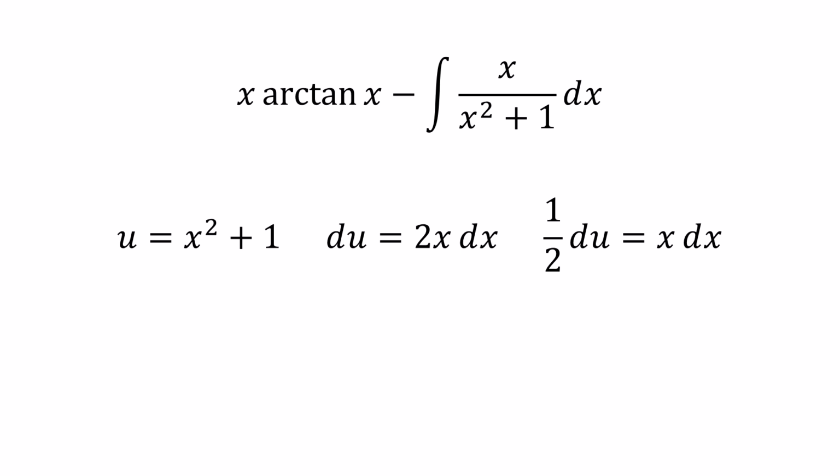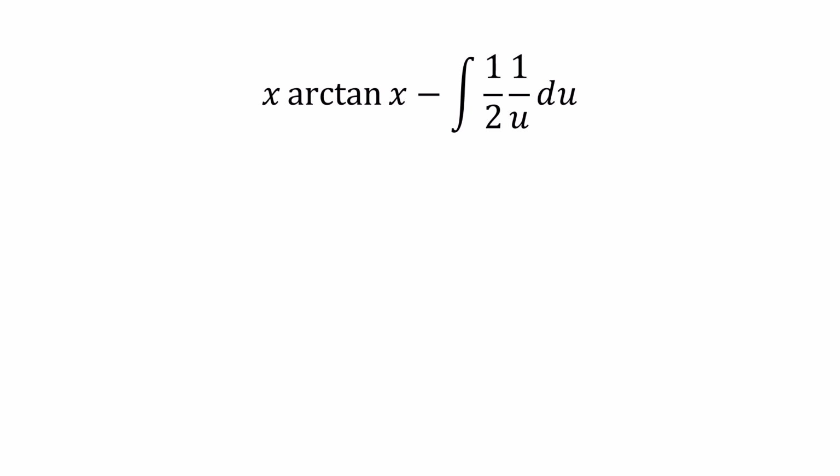Substituting into the integral gives x arctangent of x minus the integral of 1/2 times 1 over u du.